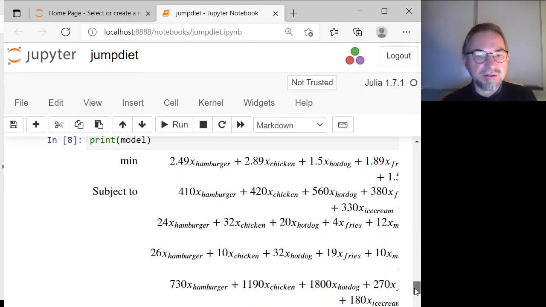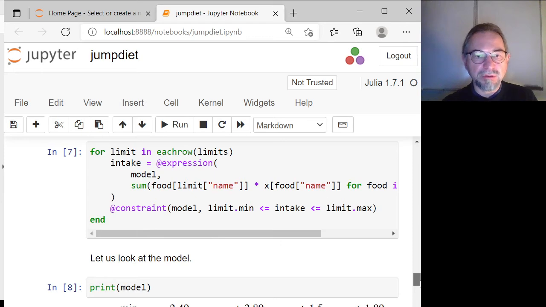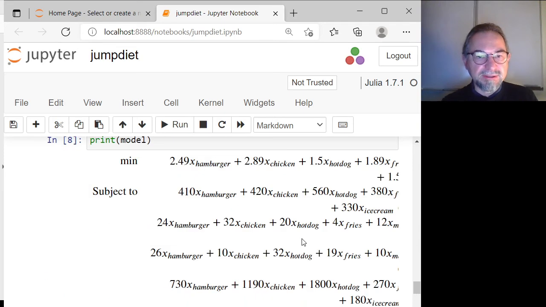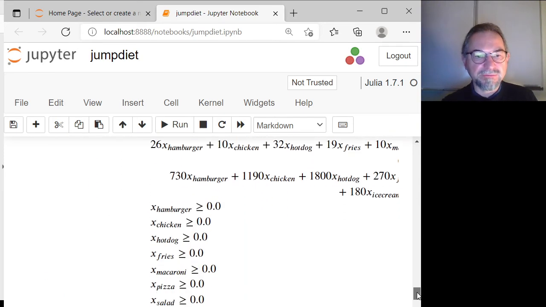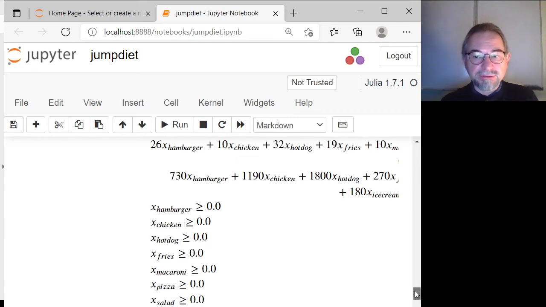Well, I said we have 4 constraints, but then also we have all the positivity constraints. So we have the 9 extra conditions. And so it's good to print a model. I think that the positivity constraints are kind of automatic. We don't need to specify them. Okay, so far so good.